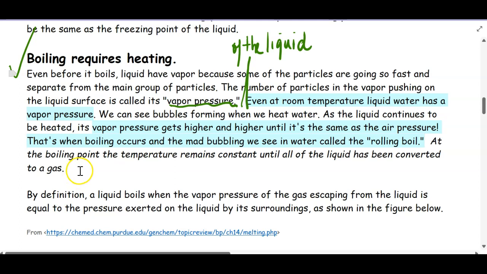Did you think that whenever you heated things, the temperature would just continue to rise and continue to rise? And this is telling you that at the boiling point temperature, it remains constant until all of the liquid has been converted to a gas. New concept. All right, we should mark that.